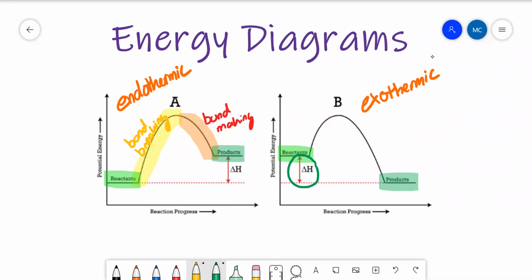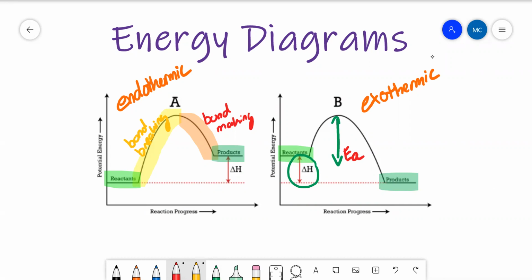The activation energy, which is this value here, is the energy needed to break the bonds.